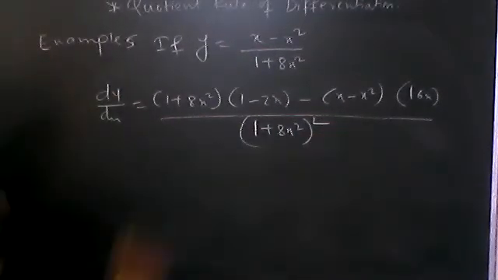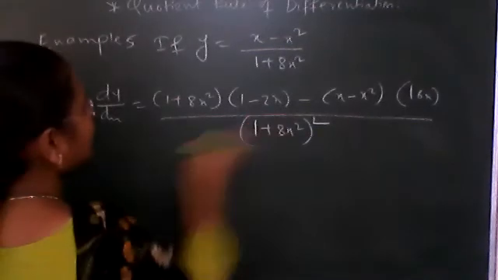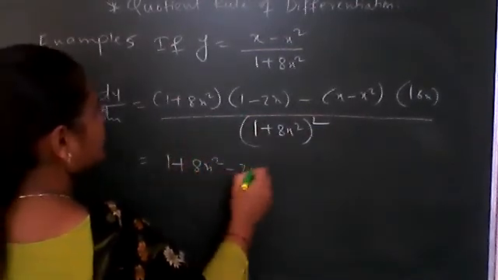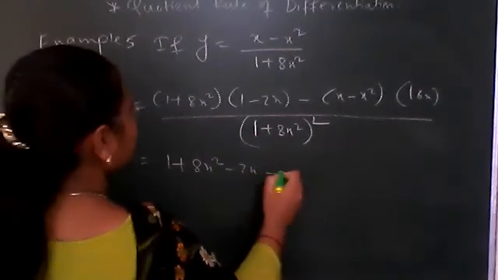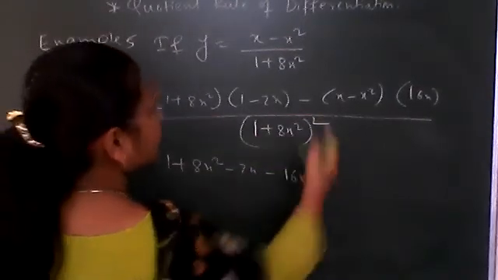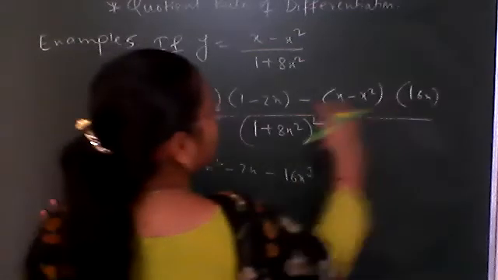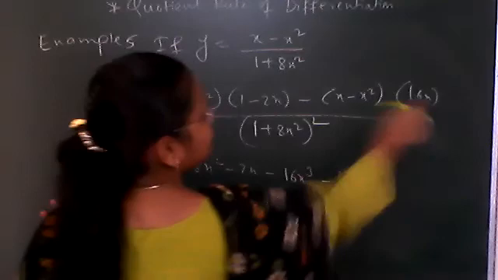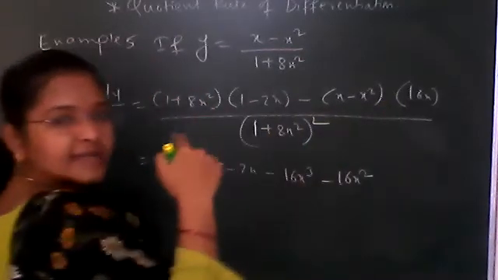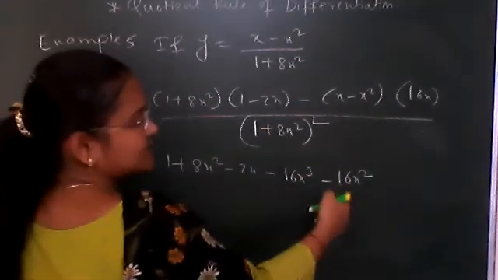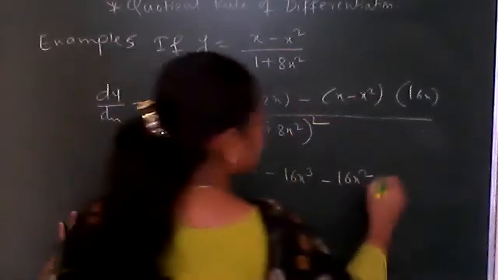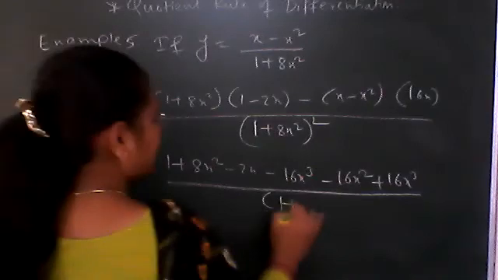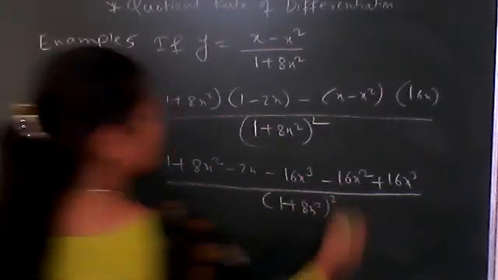If you want to multiply, you can multiply also: 1 plus 8x square minus 2x minus 16x cube, then minus 16x square plus 16x cube, whole thing divided by 1 plus 8x square bracket square.